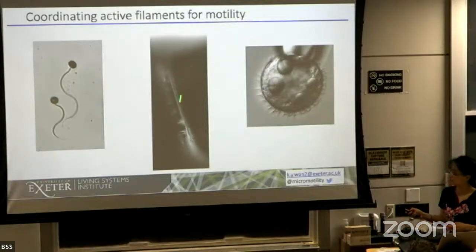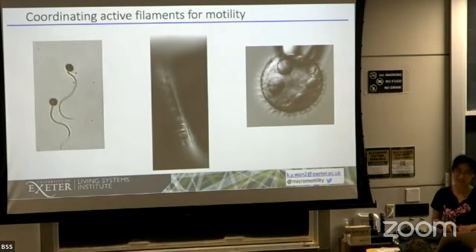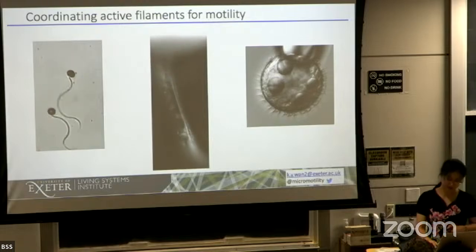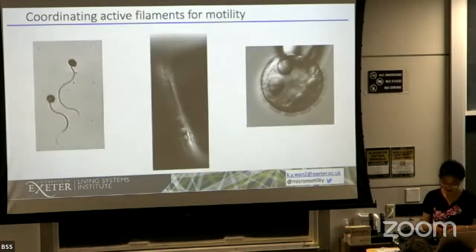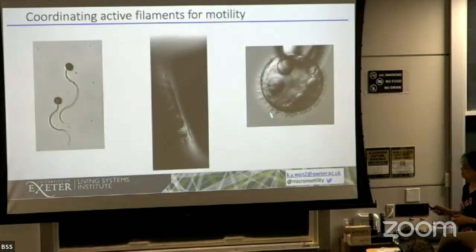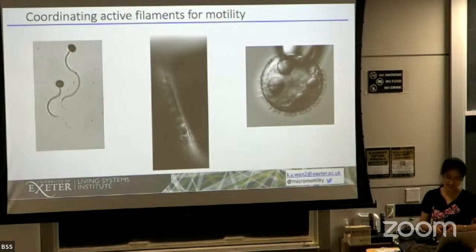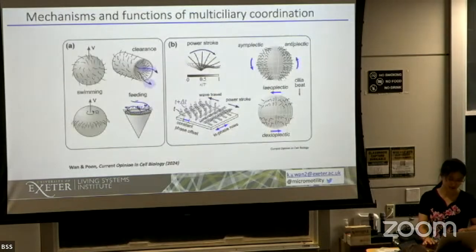If you have an array of these, they will often exhibit metachronal waves. And if you have even more of these, so this is an animal larva, the wave is even more, let's say, spectacular. But it has many interesting features that I don't really have time to discuss today.